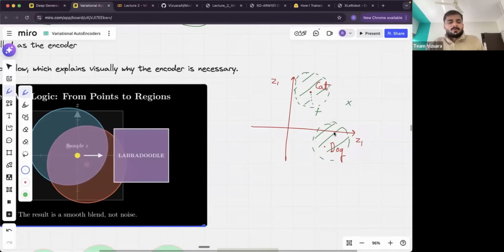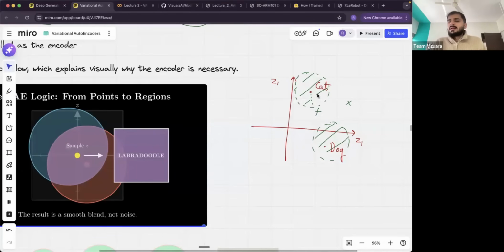This is very similar to what we do in vector embeddings, which are passed as the input to the transformer architecture, where the embeddings which are close to each other in the latent space, like the embeddings which are semantically similar, are close to each other. So we are thinking in that direction that we want the latent space to have a meaning. We don't want it to be disjoint chunks which mean something specific.